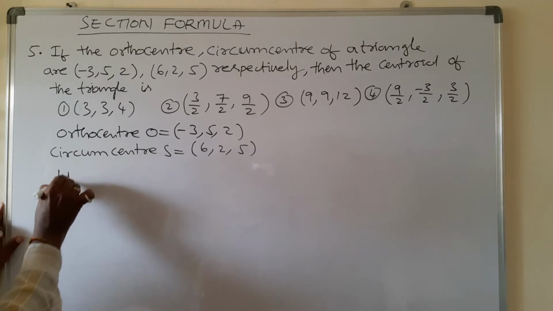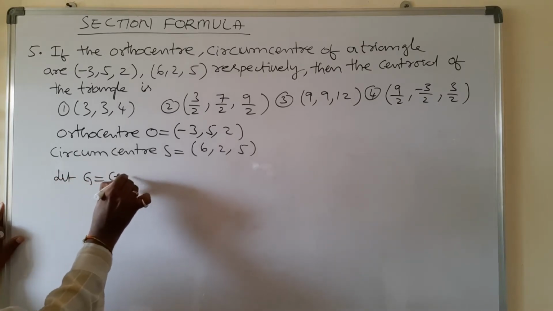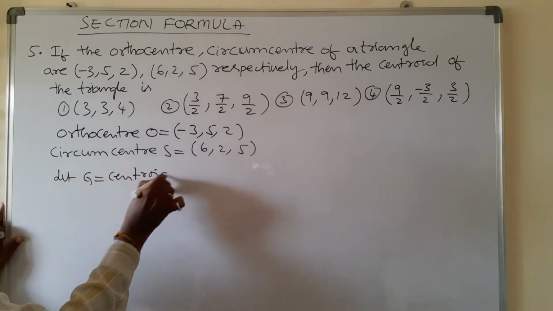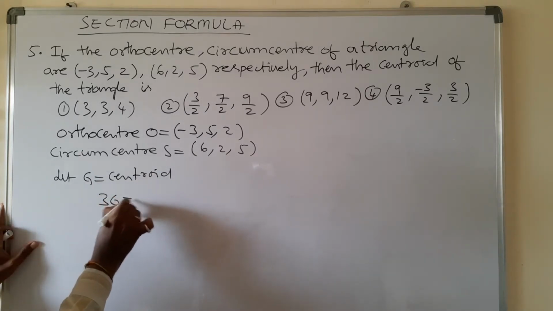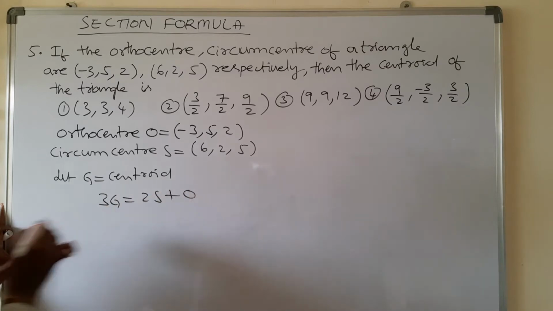Let G equal the centroid. Here one relation is there. The relation is 3G is equal to 2S plus O. This is the relation.